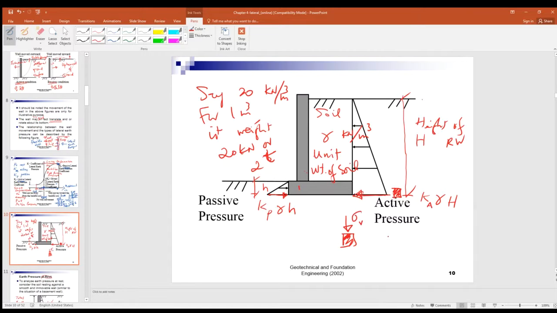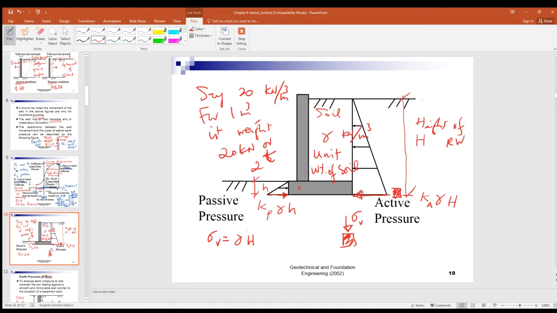Say sigma V. Sigma V equals to what? Like the water pressure, right? Gamma H or rho g H. Rho g is the gamma, right? Rho is the density. Gamma is the unit weight. So at a certain depth below the ground surface, the vertical pressure will be equal to gamma H, right?